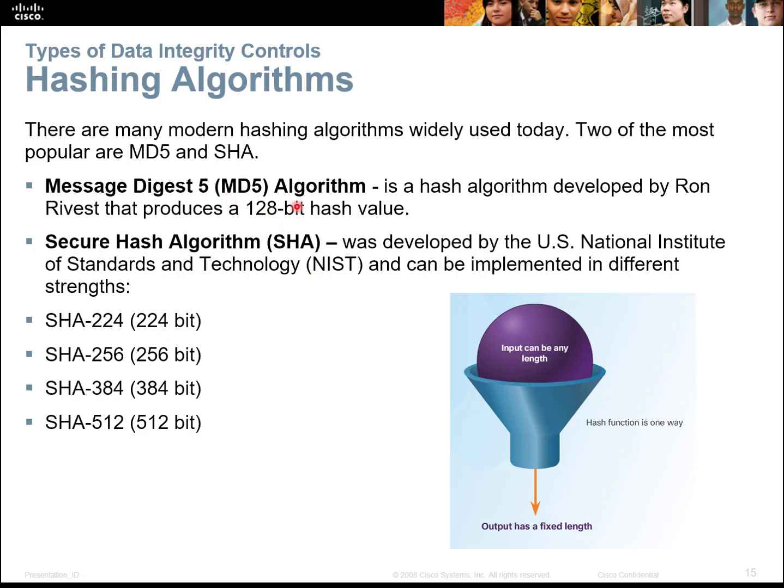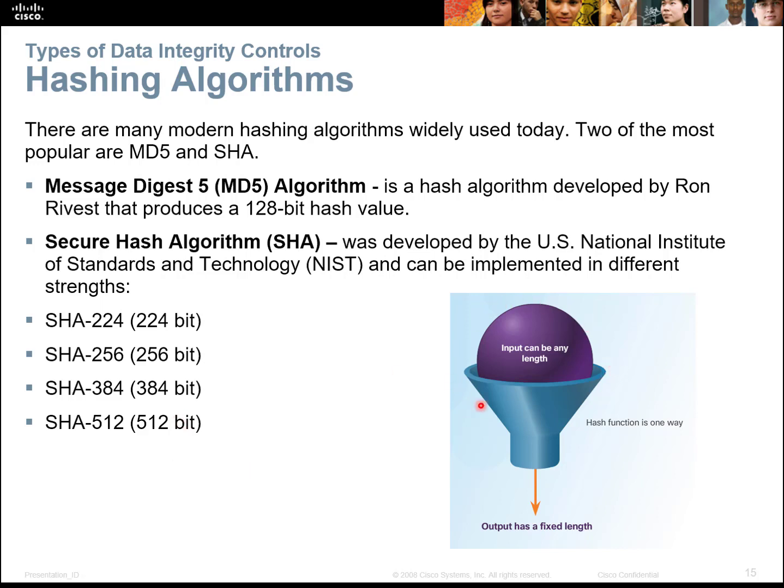If you notice, MD5 is a lower-bit hash value, which means it can be hacked more easily than 224, 256, 384, 512. And if my memory serves me right, they're up to 1024-bit and 2048-bit, which is super high. The problem with those is it takes longer to get things done and so forth.